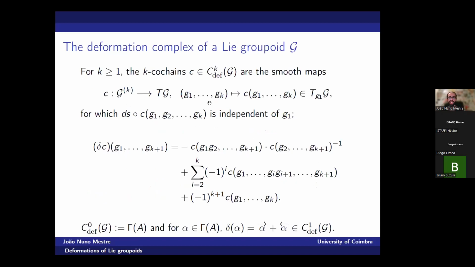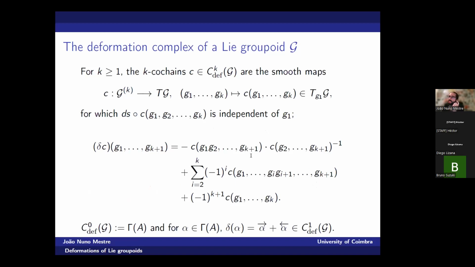What makes sense is I could take smooth functions, for example, or other sorts of functions, so smooth functions on these Gk with targets, in this case, TG, that Lie groupoid I told you about in the beginning, and then I can take more or less the alternated sum of those face maps.